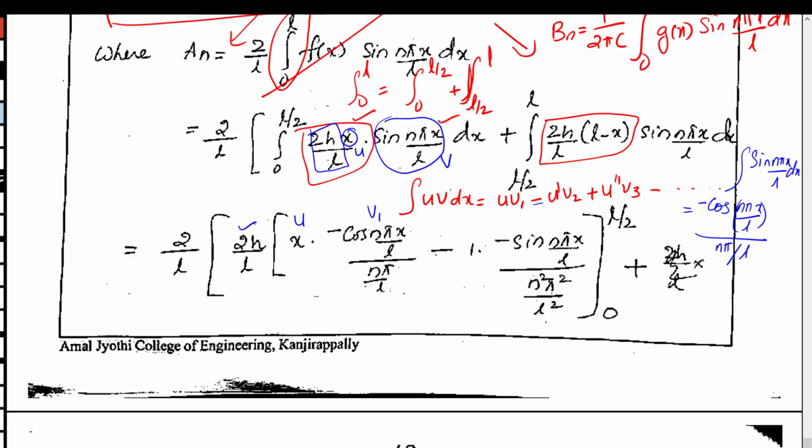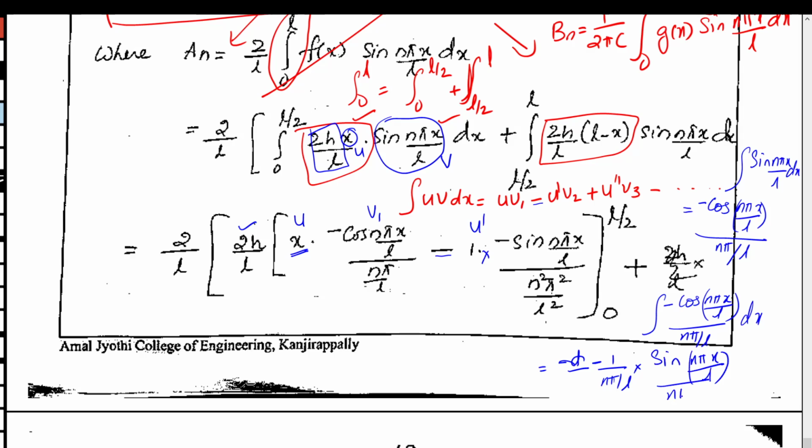Minus is taken from the UV rule, minus u dash. U dash is the derivative of u. Derivative of x is 1 into V2. V2 is the integral of V1. Now, integral of V1 is integral of minus cos n pi x by L divided by n pi by L dx, which is given by minus L by n pi, or we can write it as minus 1 by n pi by L into integral of cos, which is again sin n pi x by L divided by n pi by L. This minus is here.